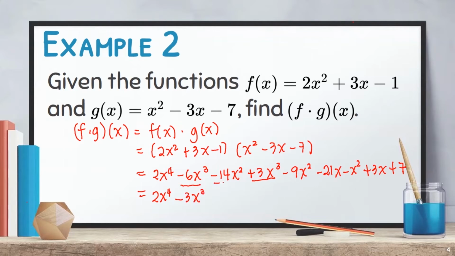Negative 14x squared can be combined with negative 9x squared and negative x squared. So negative 14x squared minus 9x squared is equal to negative 23x squared, minus another x squared is negative 24x squared.